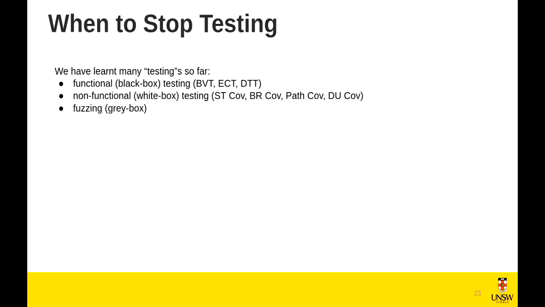And we also learned fuzz testing or fuzzing. You can have black box fuzzing, of course, and we emphasized gray box fuzzing because it combines the advantages of black box and white box, and it is arguably the most effective or practical bug detection technique nowadays. And we learned different levels of testing: unit testing, integration testing, and system testing.